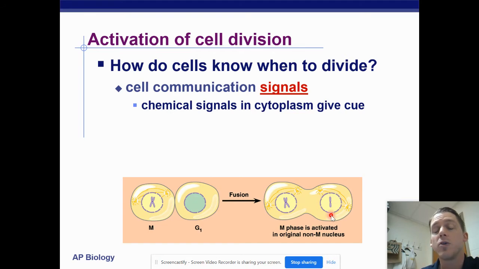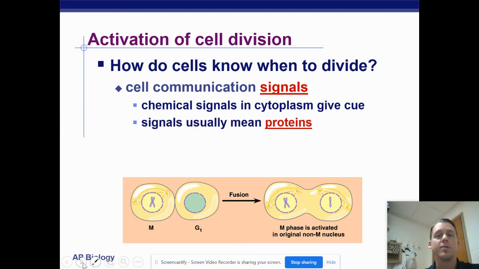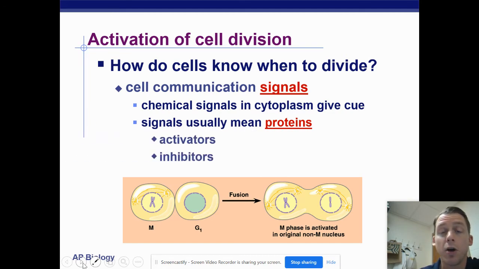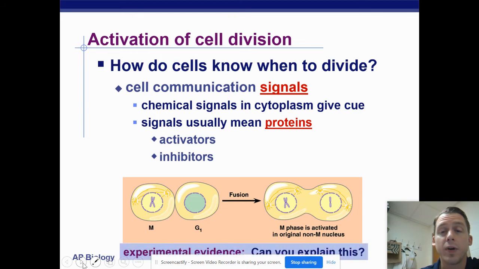So it didn't get the signal to divide its DNA. It got the signal to form a chromosome. So these are chemical signals giving it a cue. It's timing by chemicals. And so this experiment is evidence that it's chemical signals, usually proteins, which are usually controlled by activators and inhibitors. And there is the experimental evidence.